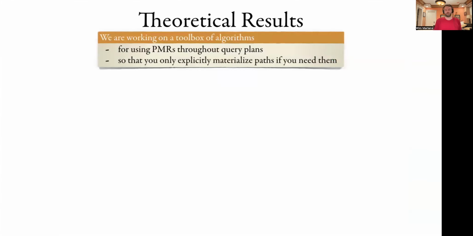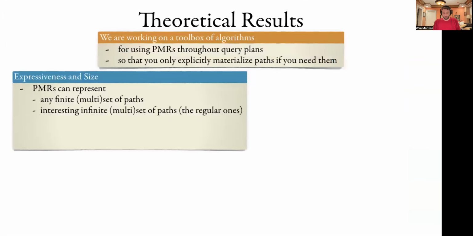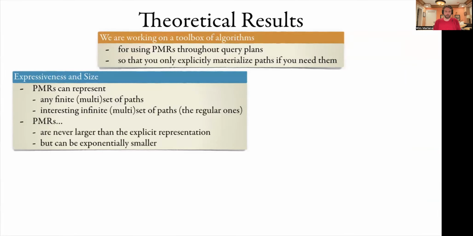Okay. So in the paper, we provide a whole bunch of theoretical results that show that this approach is promising. For example, we show that path multiset representations can represent any finite multiset of paths, also interesting infinite multisets of paths, namely the regular ones.